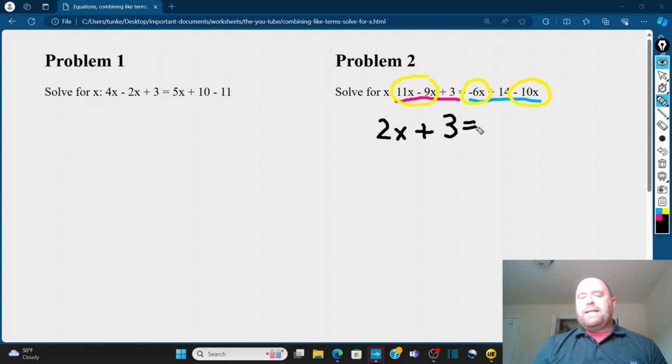On the right-hand side, we have, erase this just so we can see it, we have -6x plus a -10x. That's going to give me a -16x. And then we have plus 14.